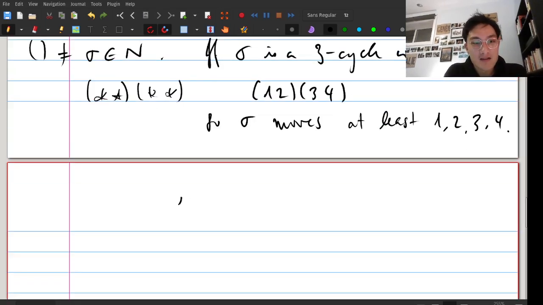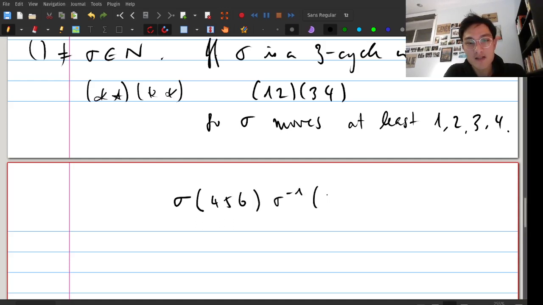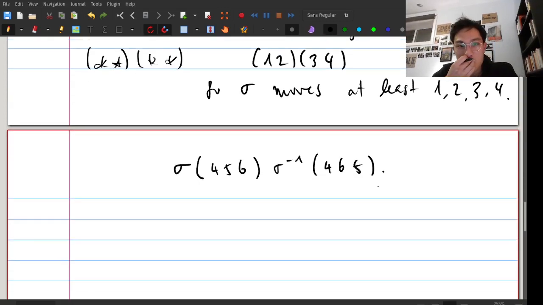Okay, so let's look at this. Sigma, 4, 5, 6, sigma inverse, and 4, 5, 6 inverse is 4, 6, 5. This should be an element of N. Why?